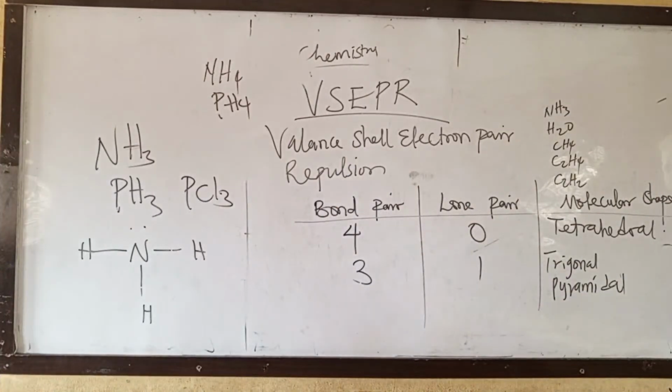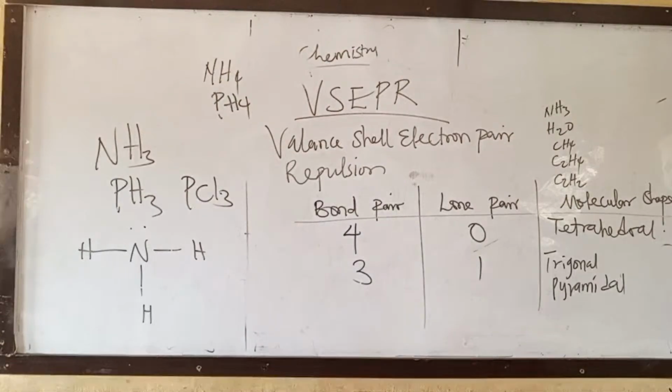Are we following? Can you see? In chemistry, you don't need to cram. Just know the basic. You don't need to cram the shapes. Once you know the basic, how can I get the number of bonds? There's a simple way to get the number of bonds using Lewis structure. That one is another topic.